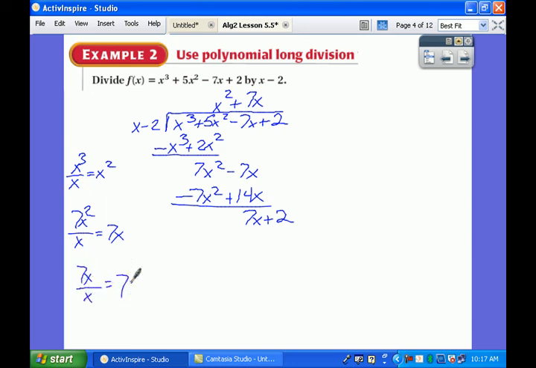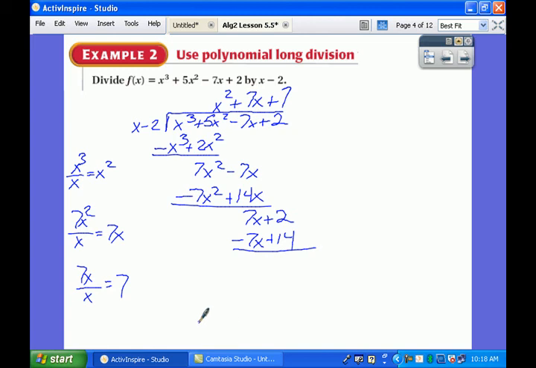This is the last division we're going to do. 7x divided by x, which equals 7. This will be the number that goes in our constant column. Okay, so you see everything lines up in columns. X squareds, x, constants. So we have 7, we do the multiplication. 7 times x is 7x. 7 times minus 2 is minus 14.